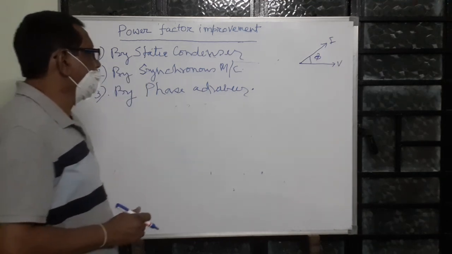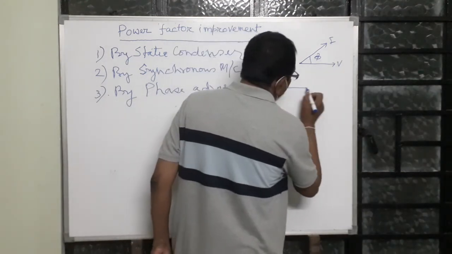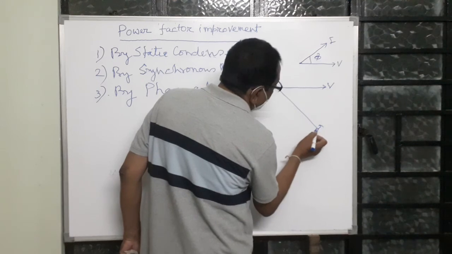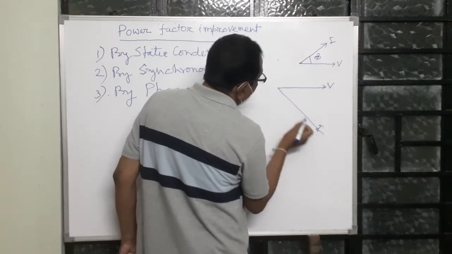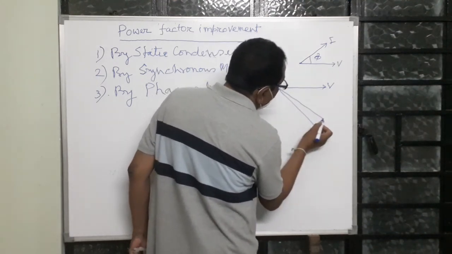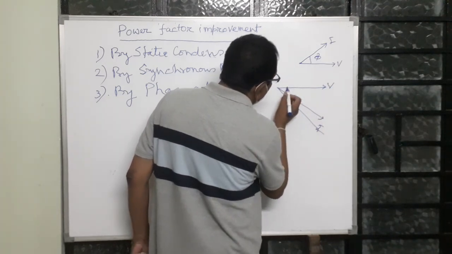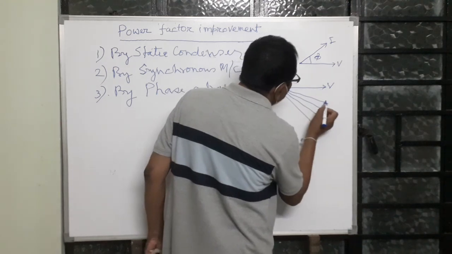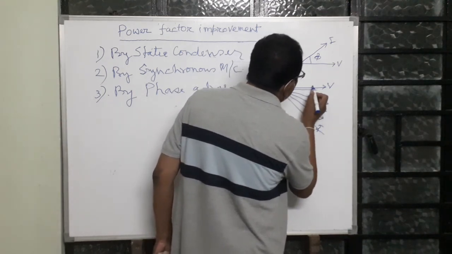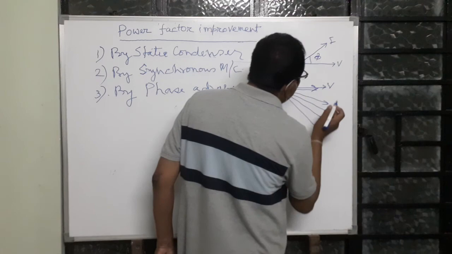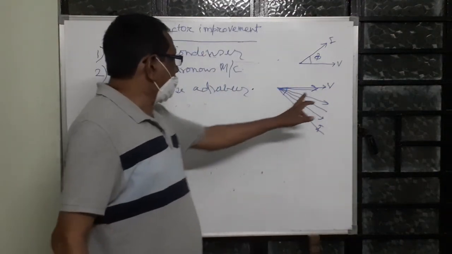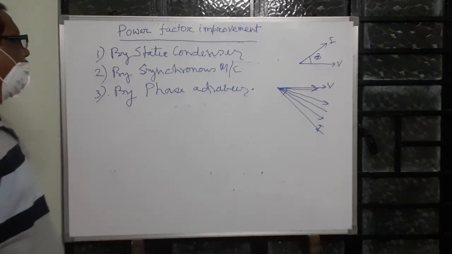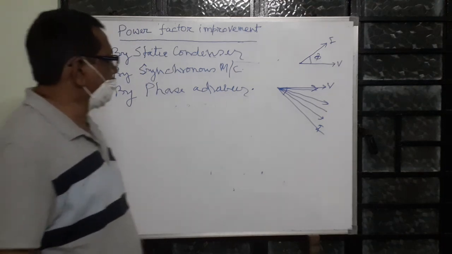That means our tendency is towards this: when we improve the power factor, current decreases, the angle decreases, until this I is nearer to the voltage, when the magnitude of the current is the minimum.